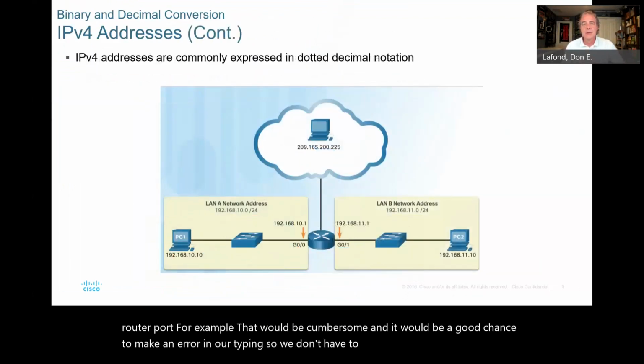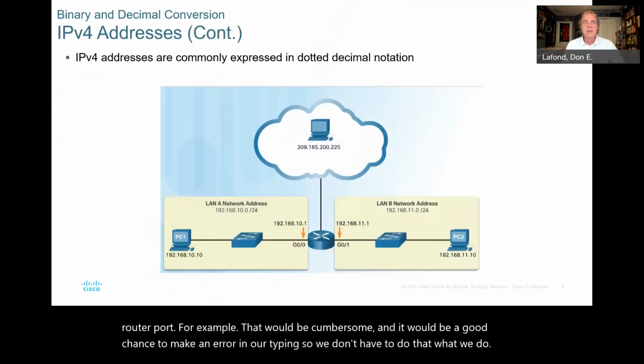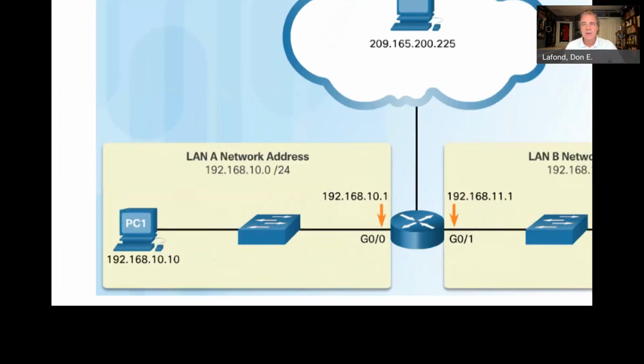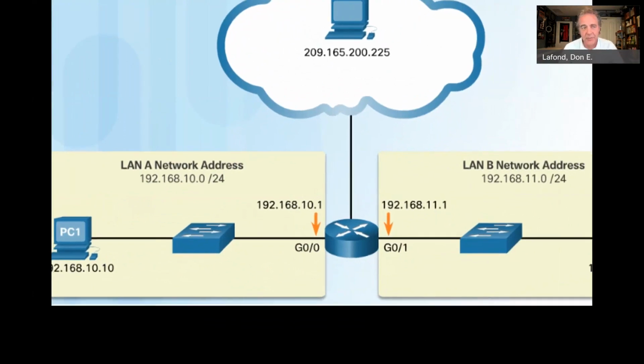What we do is dotted decimal. So an IPv4 address is represented, which is the best word, as dotted decimal in IPv4. For example, PC1 has the IP address 192.168.10.10, a whole lot easier than all those ones and zeros.